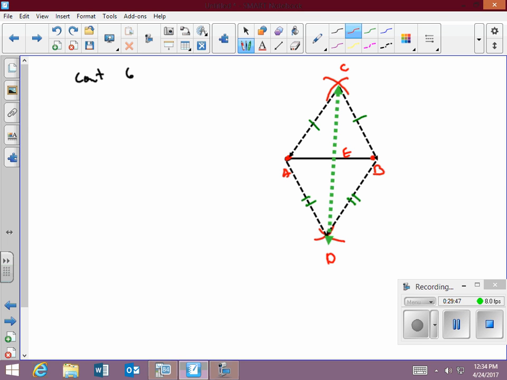Because we want a perpendicular bisector. So, anyone have an idea on it?